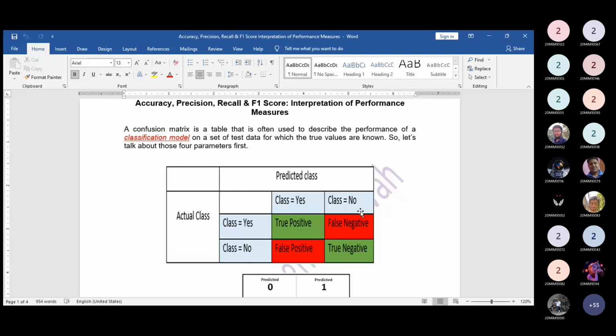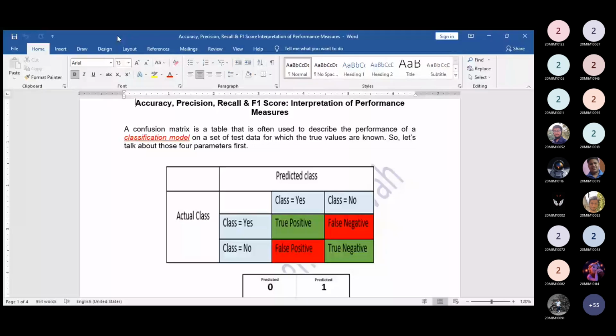Let us understand this with the help of an example. Then I hope this picture will be clear to all: what is a true positive, true negative, false positive, false negative. Let me take an example, and please listen to it properly. Suppose as a student you face an exam.